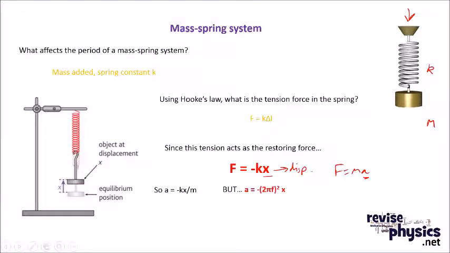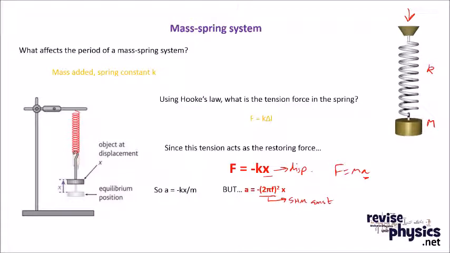And we learnt in the last video that the acceleration of a system in SHM is equal to minus 2 pi f squared, with that being our SHM constant, times the displacement.